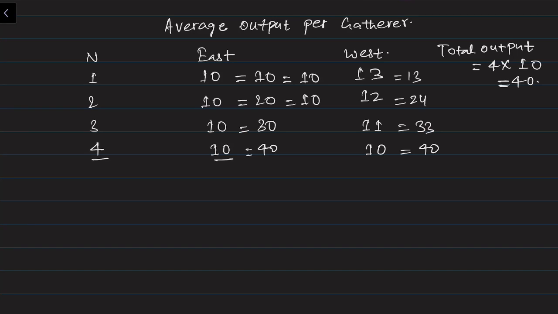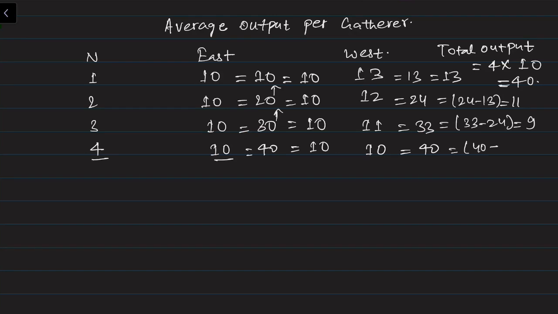That's again 10, 30 minus 20 is 10, and this is also 10. Similarly, we'll calculate the marginal for the west. This is 13, and this is 24 minus 13, which is 11. This is 33 minus 24, which is 9. 40 minus 33 is 7.